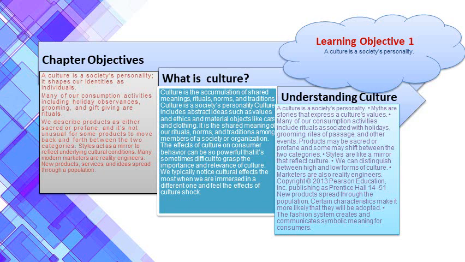We describe products as either sacred or profane, and it's not unusual for products to move back and forth between the two categories. Stylists act as a mirror to reflect underlying cultural conditions. Many modern marketers are reality engineers. New products, services, and ideas spread through a population.